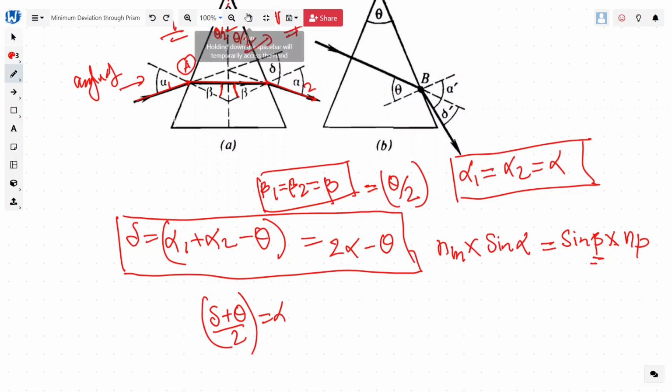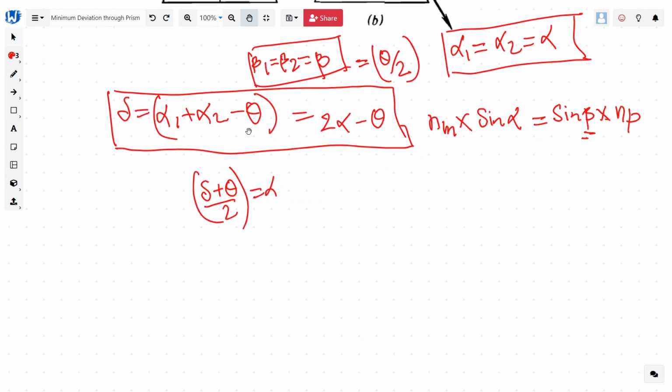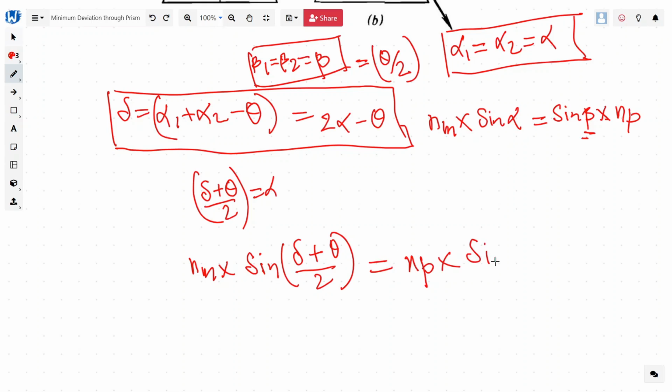Now we can write an expression which I would like you to remember, or you can derive it whenever you like. It's a very simple equation, right? So we have the refractive index of the medium multiplied by sine of (delta plus theta) by 2 is going to be equal to the refractive index of the prism multiplied by sine of theta by 2.